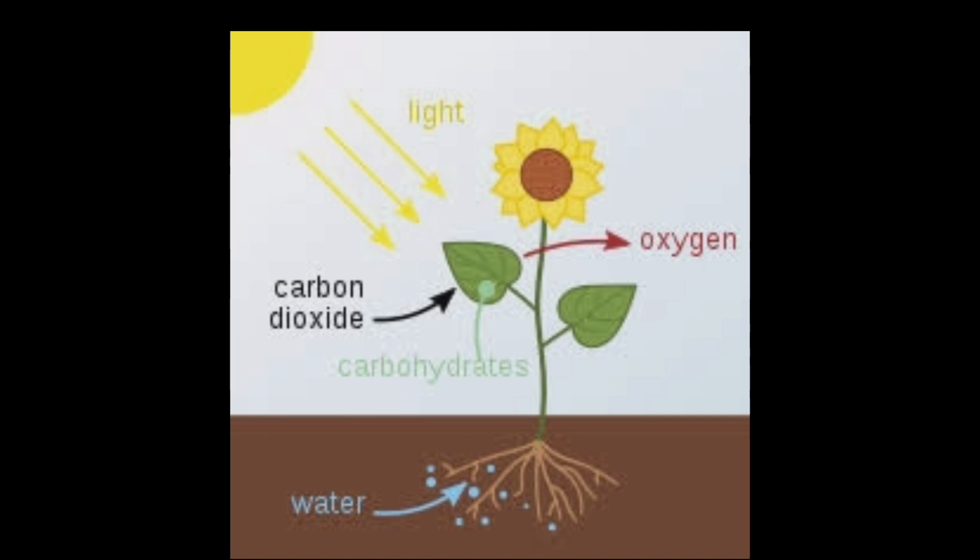Organisms that prepare food by themselves are called autotrophs, and this process of preparation of food is known as photosynthesis. Autotrophs: auto means self and trophs means food. Food prepared by the green plants by themselves is known as autotrophs. Literally, photosynthesis means synthesized in the presence of light.